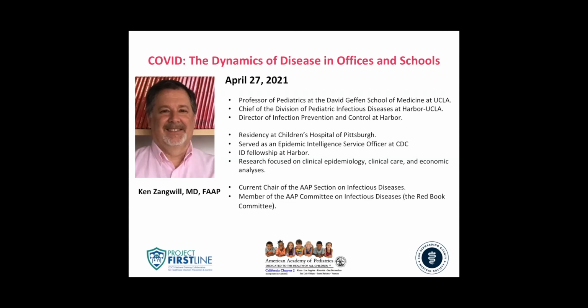He completed residency at Children's Hospital of Pittsburgh and served as an Epidemic Intelligence Service Officer at CDC, followed by ID Fellowship at Harbor. His research focuses on clinical epidemiology, clinical care, and economic analysis. Dr. Zangwill currently serves as chair of the AAP section on infectious diseases and is a member of the AAP Committee on Infectious Diseases, which is also known as the Red Book Committee. Please welcome Dr. Ken Zangwill.